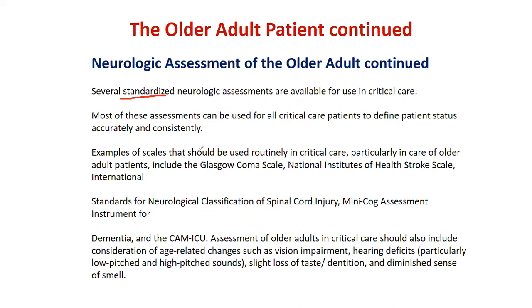Examples of scales that should be used routinely in critical care, particularly in care of older adult patients, include the Glasgow Coma Scale, the most common we use in assessment of our neurological patients.